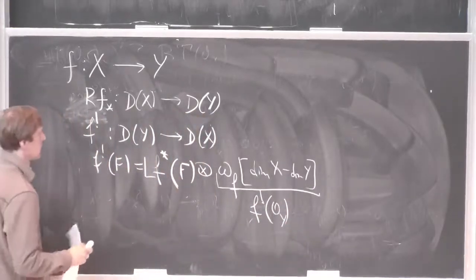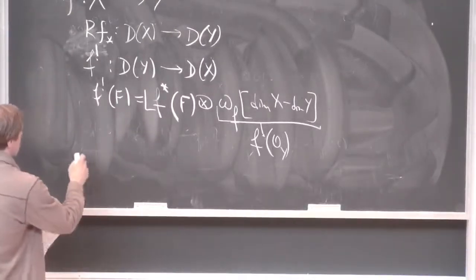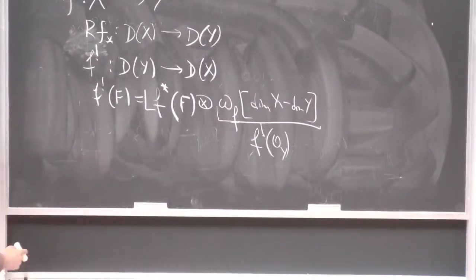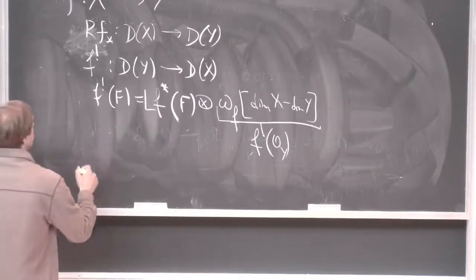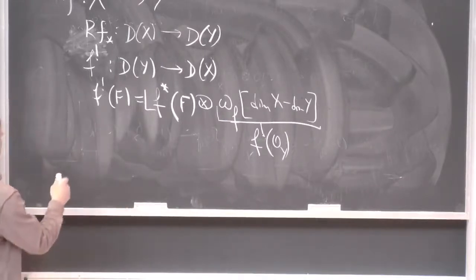And so this version of Serre duality is called relative Serre duality or Grothendieck duality.